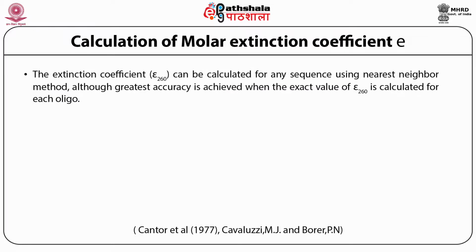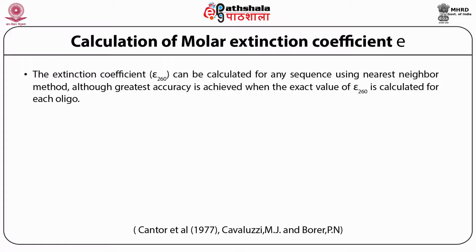The molecular extinction coefficient epsilon at 260 can be calculated for any sequence. A number of people have worked on it. There are two approaches. Either one can use the nearest neighbor method, although we can get more accuracy when we use the exact value of epsilon 260 for each oligonucleotide.